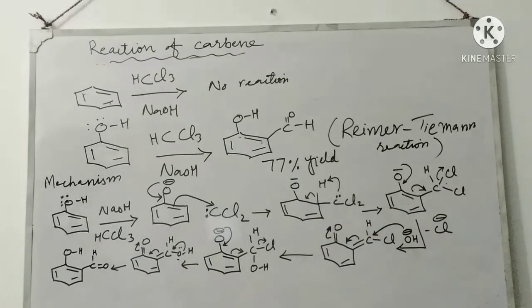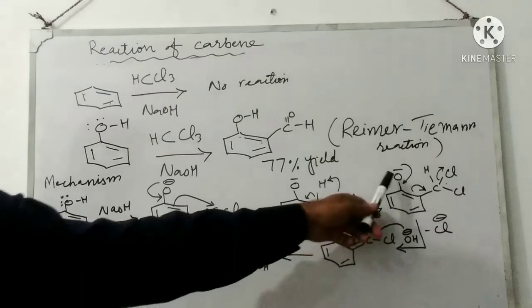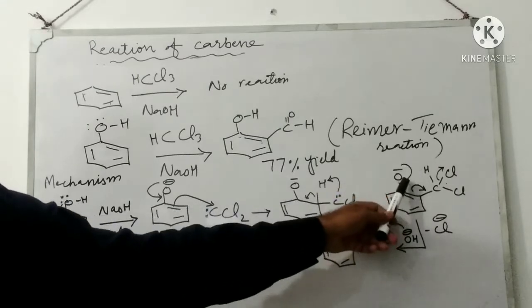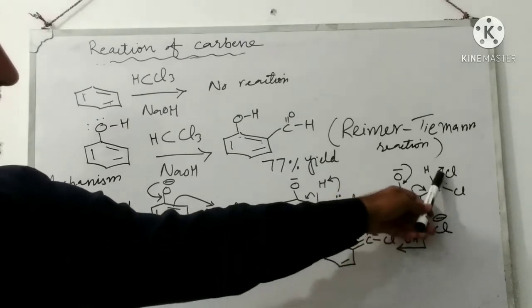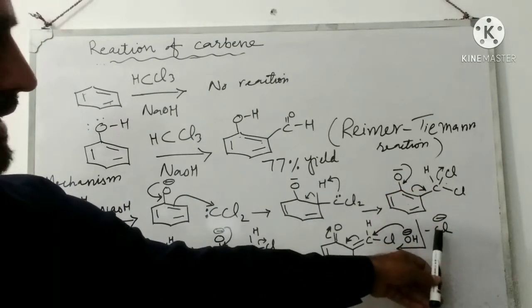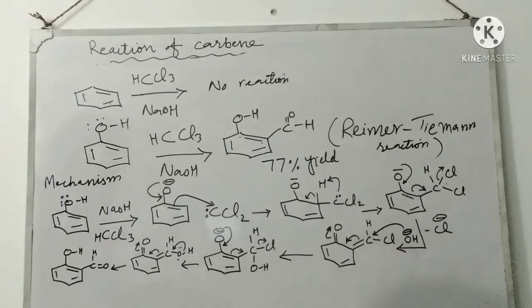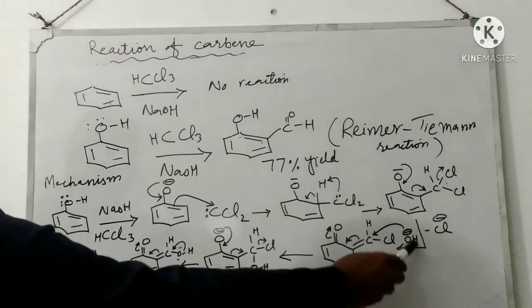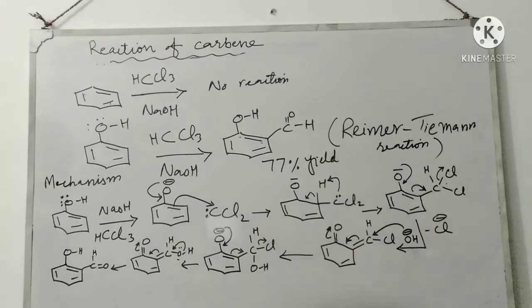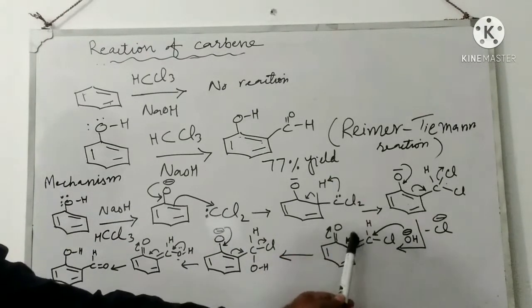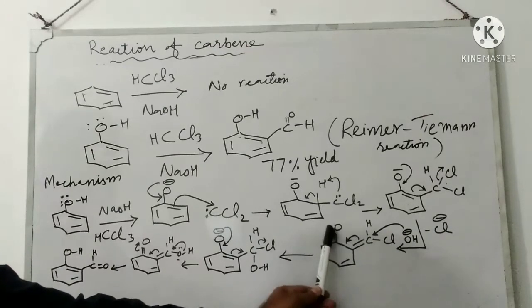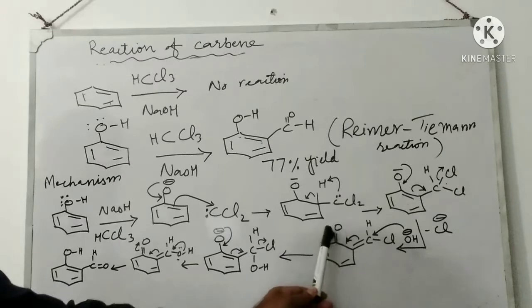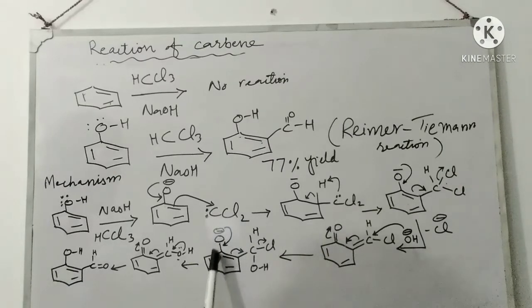So after that, the phenoxide ion charge reverts, and these two electrons shift here, and the chloride ion is removed. Then this species reacts with hydroxide ion, and the hydroxide ion attacks this carbon. These two electrons from this double bond shift here, and these two shift here to make again the phenoxide ion.